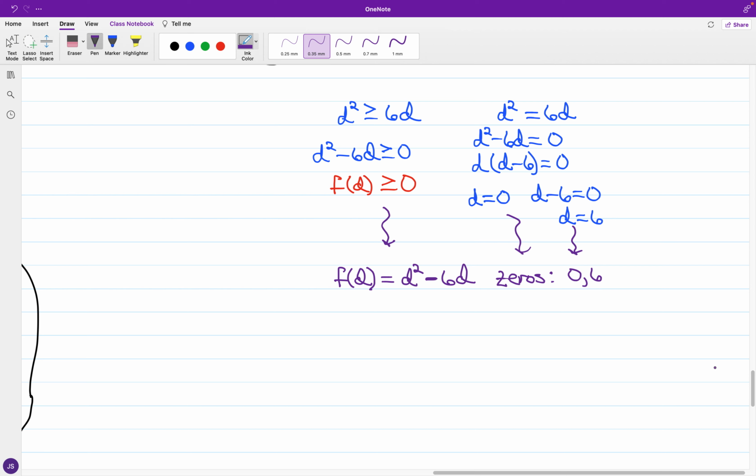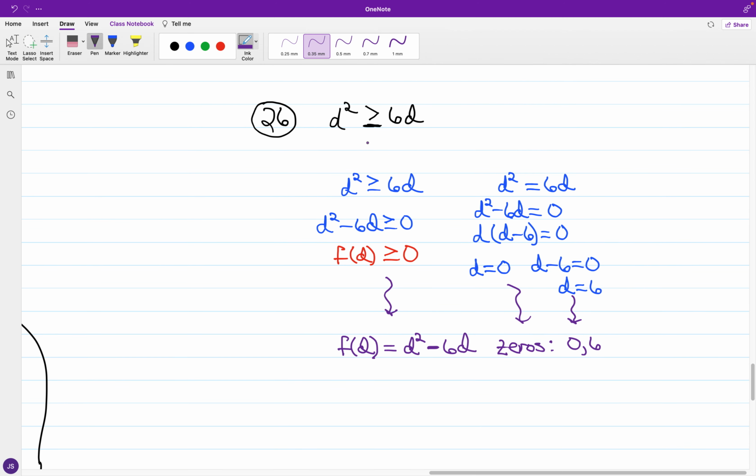Just setting the stage for solving this inequality.